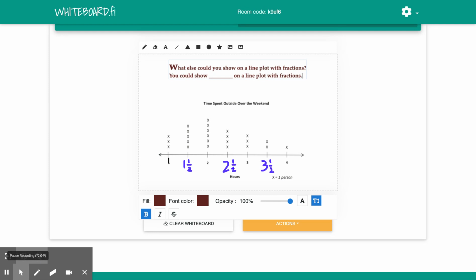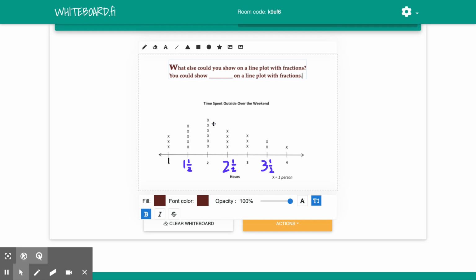So which amount of time spent outside has the most x's? 2 hours. So 2 hours was the most time spent outside over the weekend. What is the second most frequent amount of time spent outside?